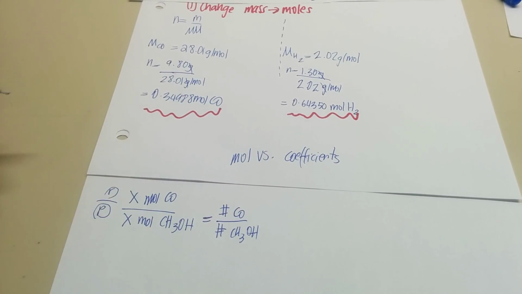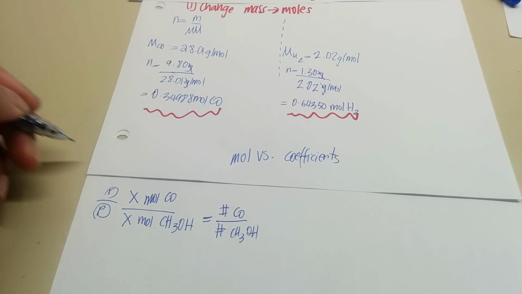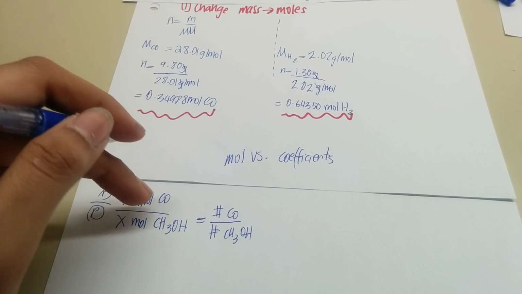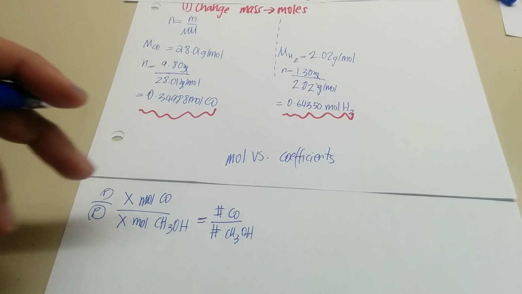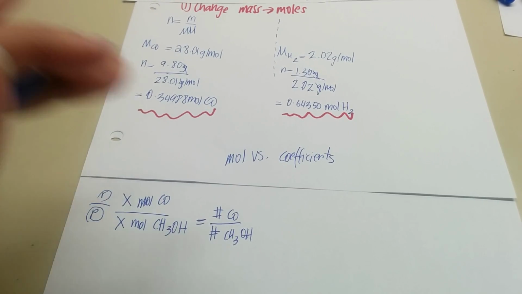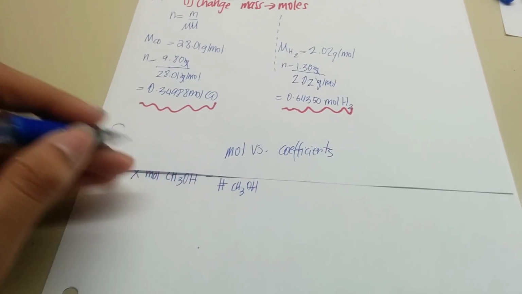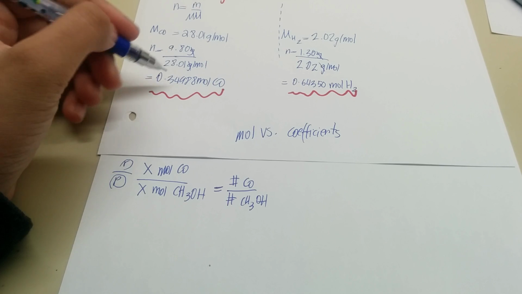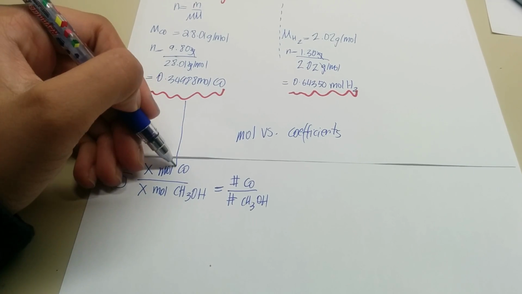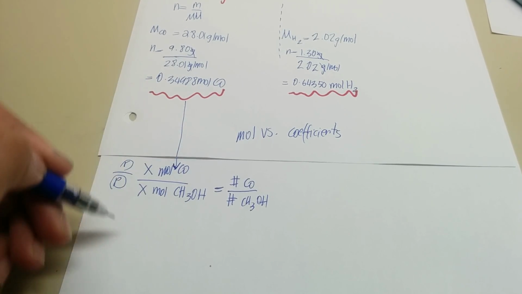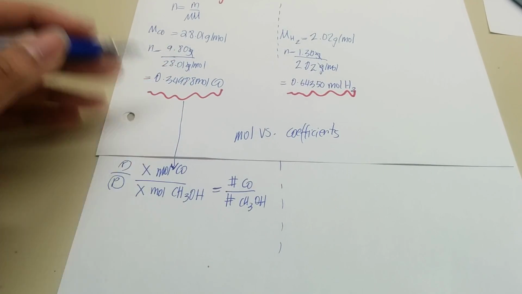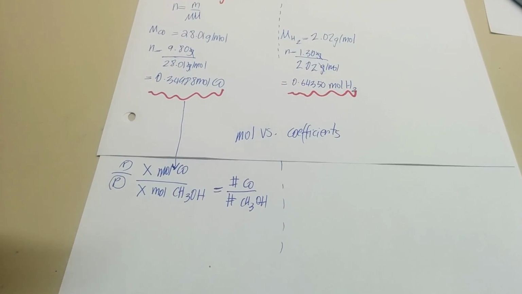Just make sure that no matter which one you put on top, reactants or products, both of these two are the same thing. Whatever you choose, just be consistent with it in the question. Anyways, we already found out how many moles of CO there are, so that just gets substituted into here. And remember, we're just doing the CO side right now, and we'll get to the H2 part after.